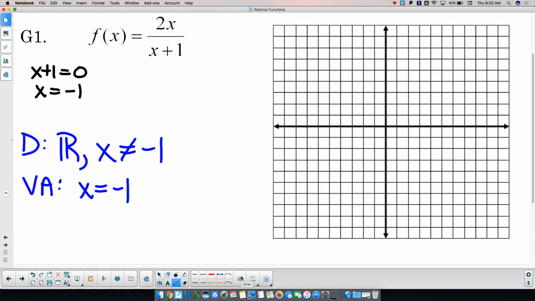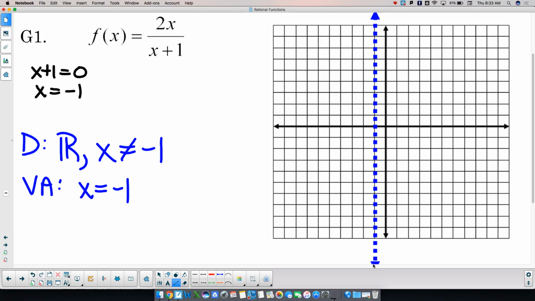Asymptotes are what kind of lines? They're dashed, dotted, however you want to do it, just not solid. It can be however you want, Keanu, just not solid.